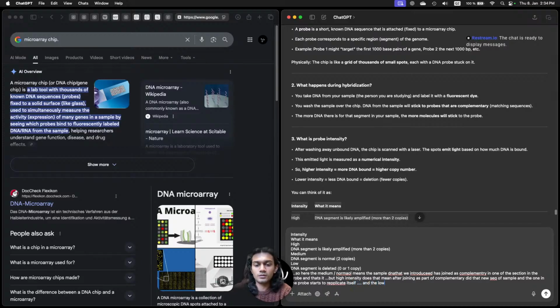And low intensity, does that mean less of the sample is joined as complementary to the probe?